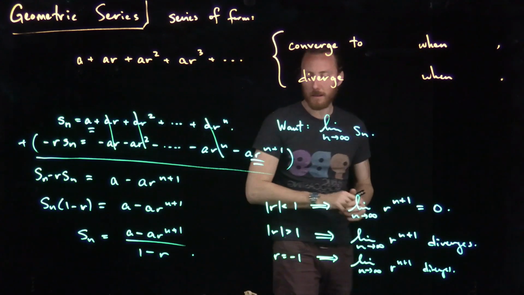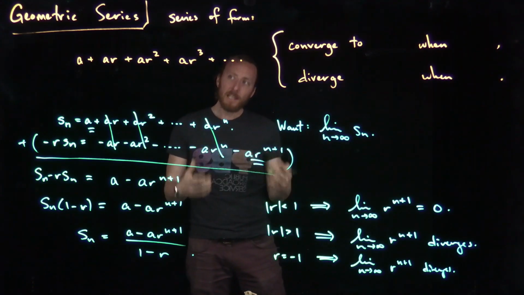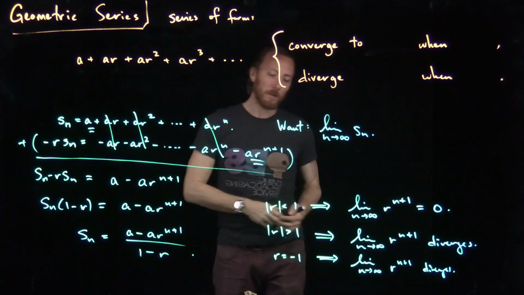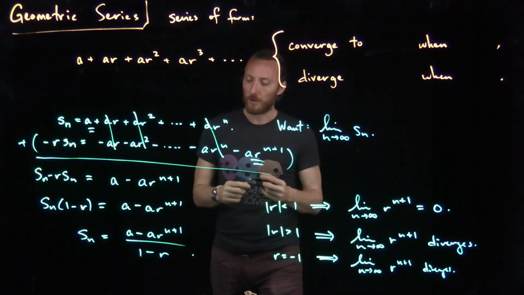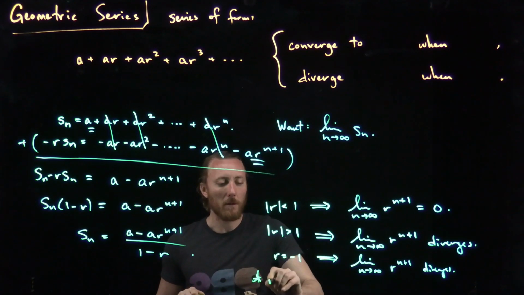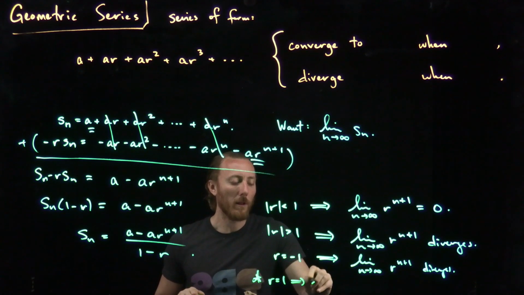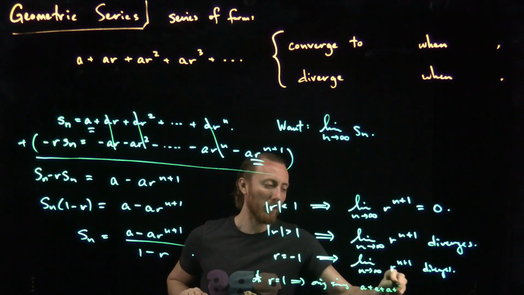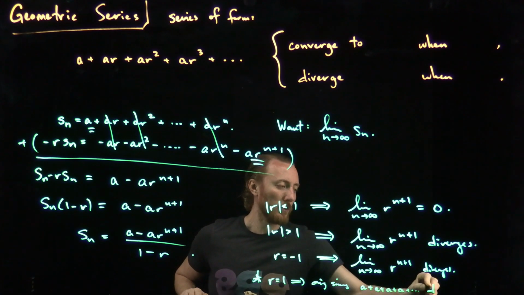We've seen that oscillating behavior before. When r is 1, that was the case where we had a plus a plus a plus a, and in fact we would get divergence in that case as well. So that's maybe a special case. I'll write it down here at the bottom. r equals 1 implies our original series is just a plus a plus a plus a, which would also diverge.